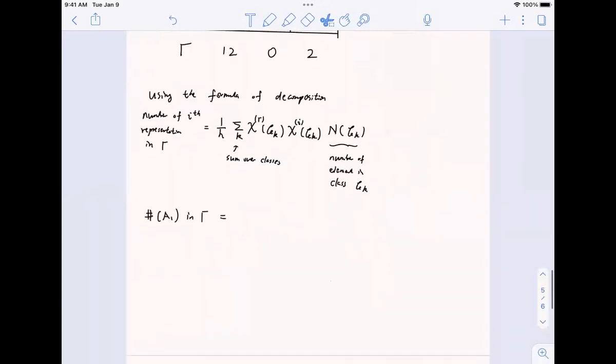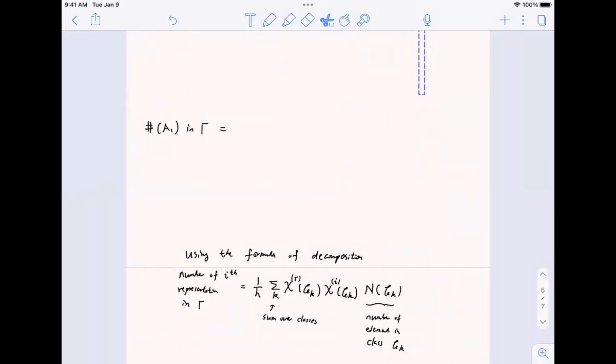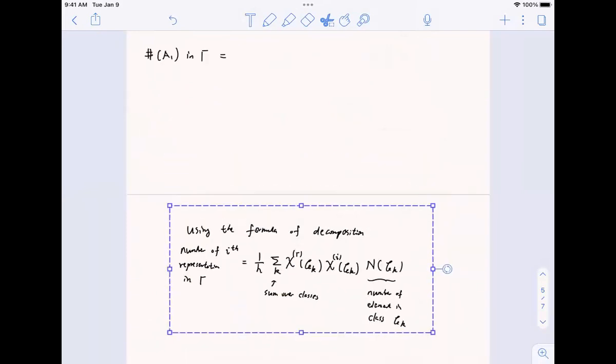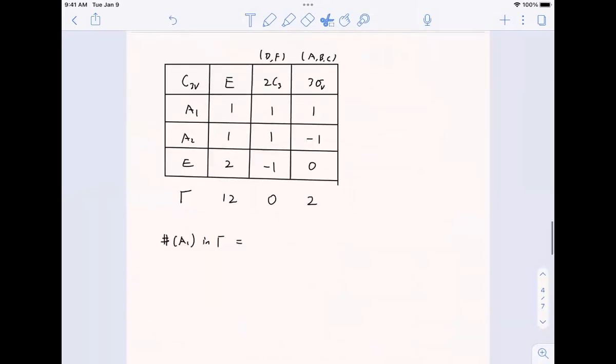It is better if we move this away, because then we see the character table much better. So here the total number of elements is 6.